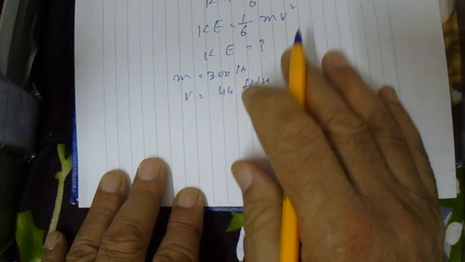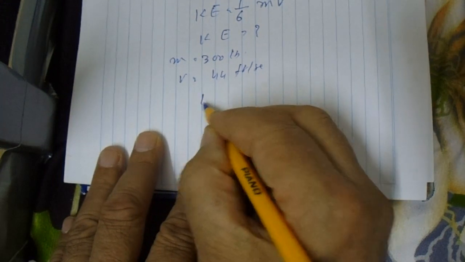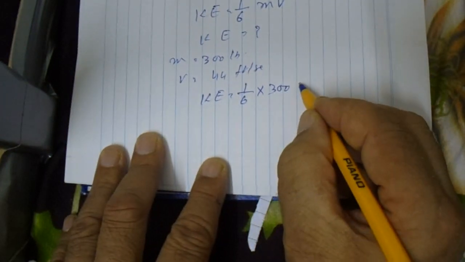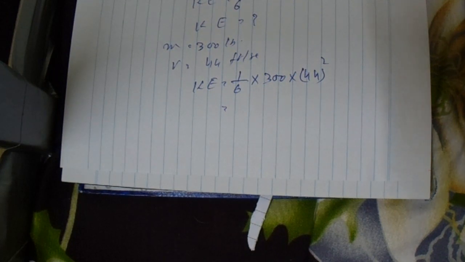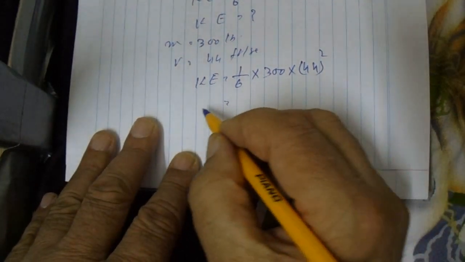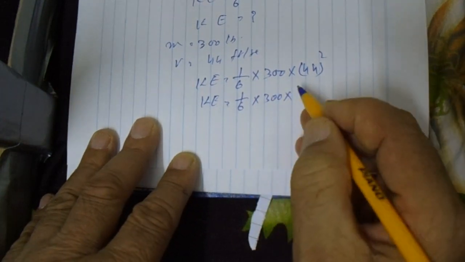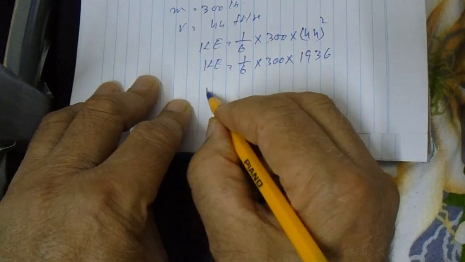Now KE is equal to 1 by 6 multiplied by 300 multiplied by 44 square. 44 multiplied by 44 is 1936, so KE is equal to 1 over 6 multiplied by 300 multiplied by 1936.